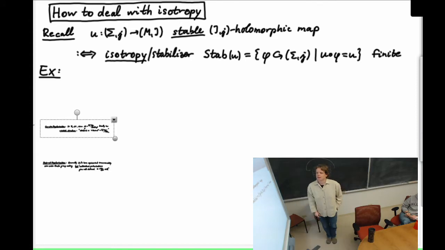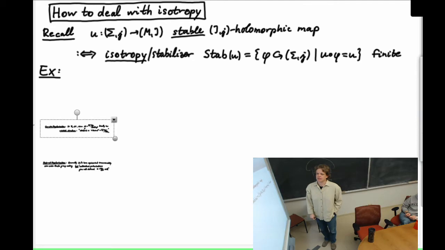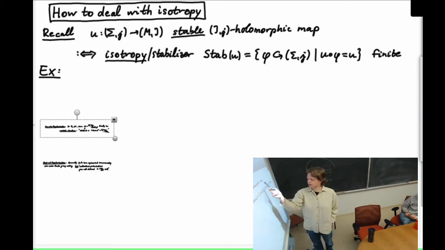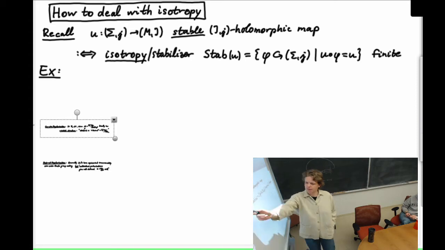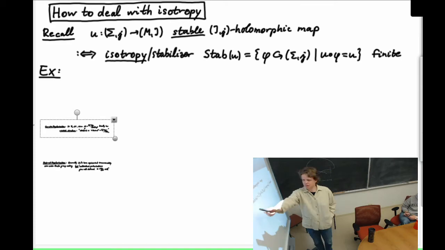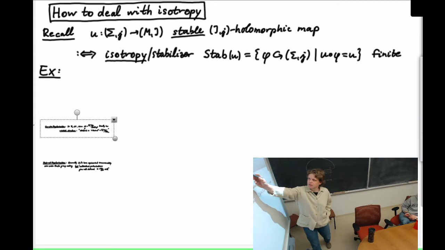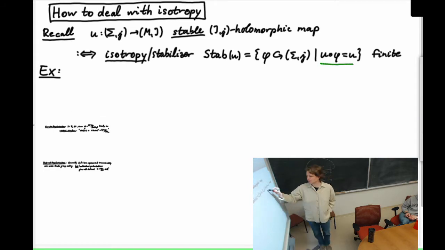So, basic reminder here. For a holomorphic map, we called it stable if isotropy or stabilizer are finite, and stabilizer is in this case, right, our group action here is the reparameterizations. So the stabilizers are the fixed points of the group action.